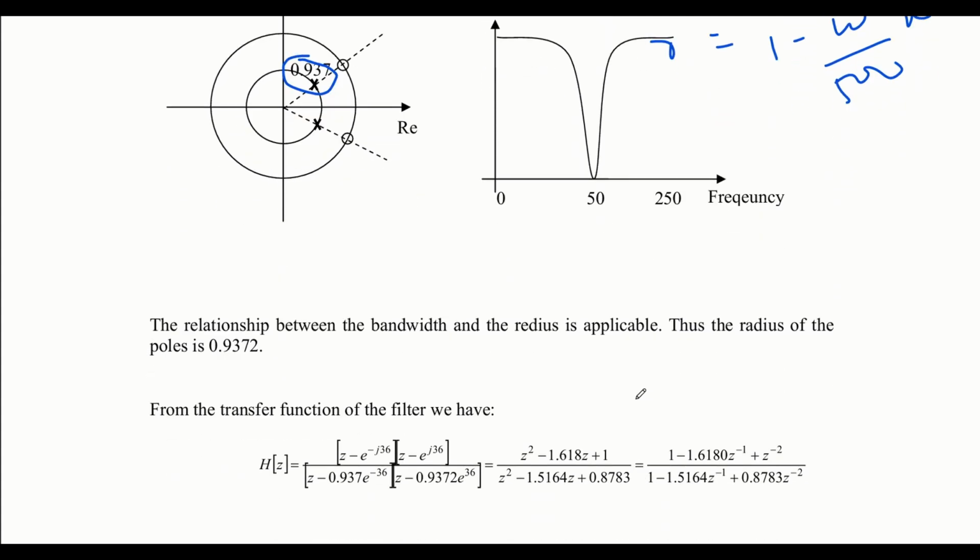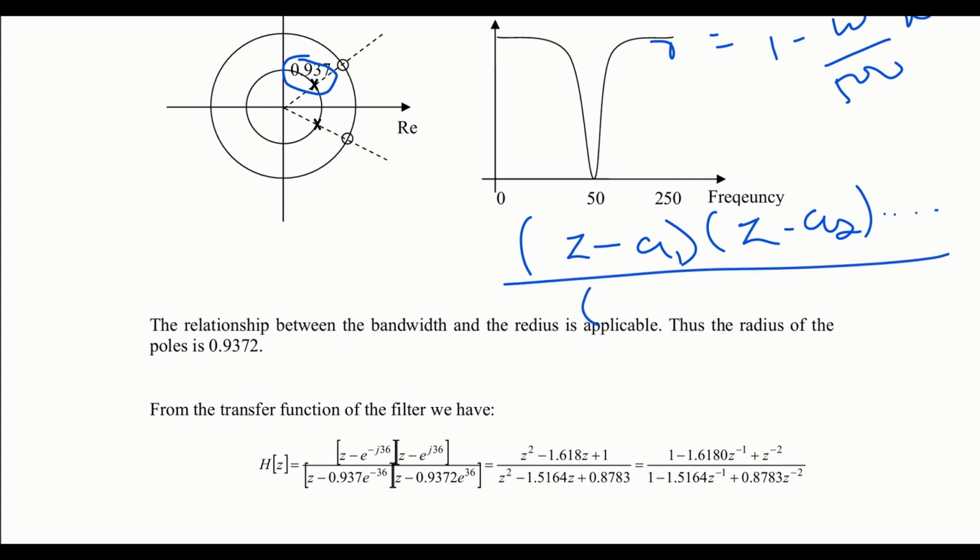And by now, you should be very conversant with the equation. The equation is z minus a, where a represents the zeros. So z minus a1, z minus a2, up to z minus a whatever, all over z minus p1, z minus p2, up to z minus p whatever.